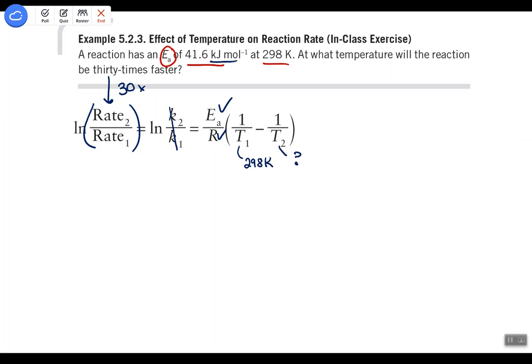The activation energy here is given in kilojoules. My gas constant is in joules, so I need to change one of them to make sure that my units are consistent. So let's go ahead and do that. I'm going to change my activation energy into joules per mole to be able to factor out nicely with my gas constant.